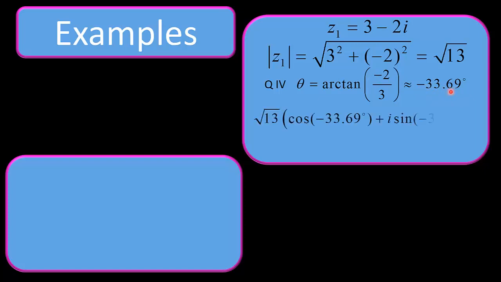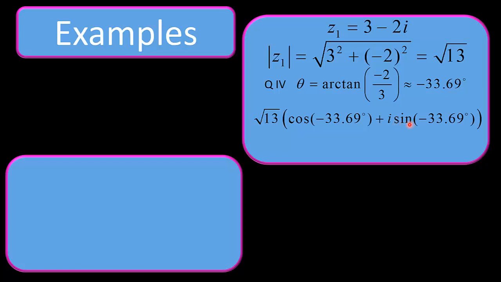Okay? So here's what we have. Notice the modulus times cosine of the angle plus i sine of the angle. Now remember that cosine is an even function. So whenever you have cosine of a negative angle like this, you can just immediately write it as cosine of the positive.